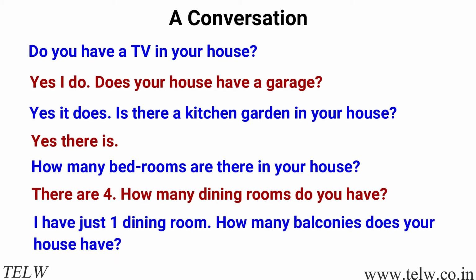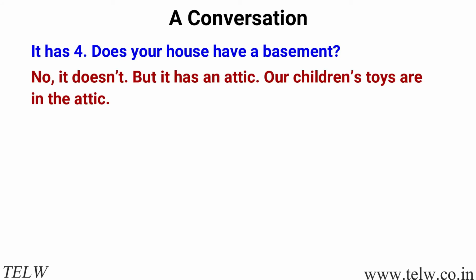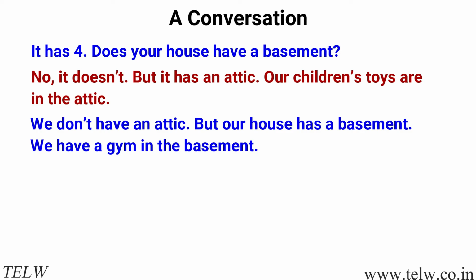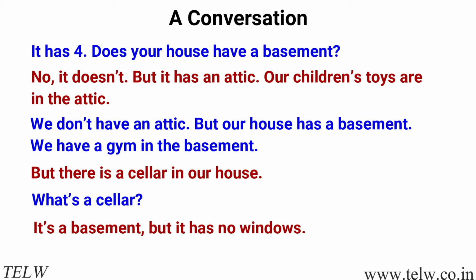How many balconies does your house have? It has 4. Does your house have a basement? No, it doesn't. But it has an attic. Our children's toys are in the attic. We don't have an attic, but our house has a basement. We have a gym in the basement. But there's a cellar in our house. What's a cellar? It's a basement, but it has no windows.